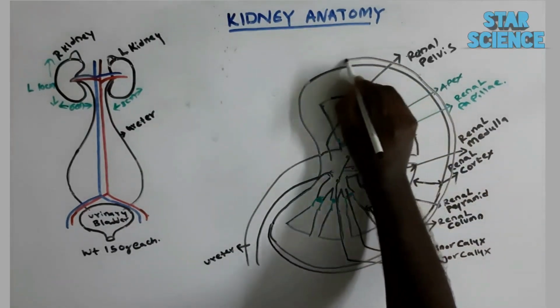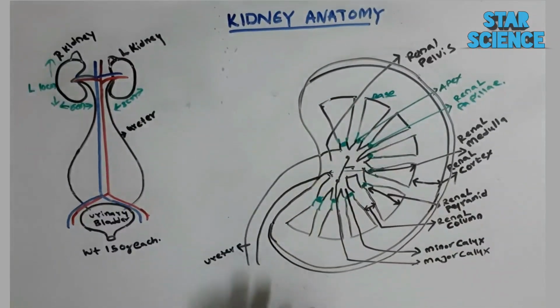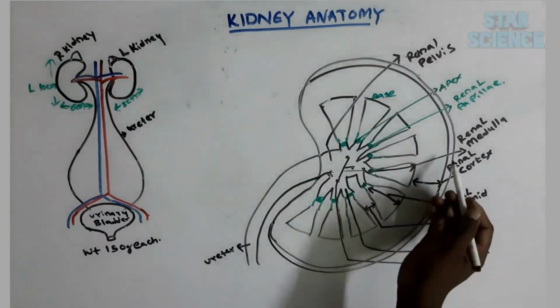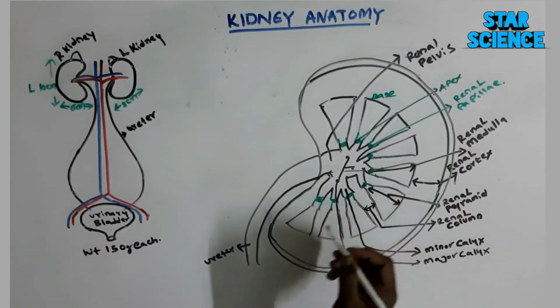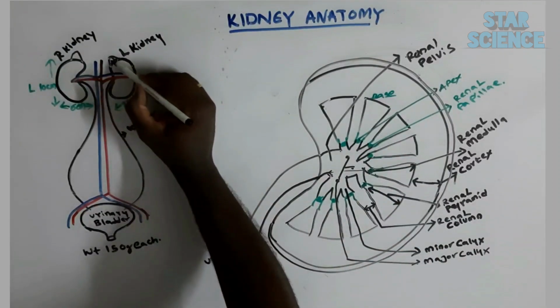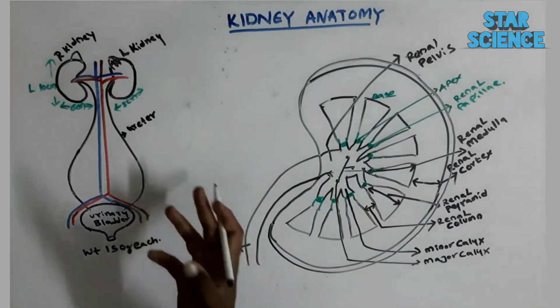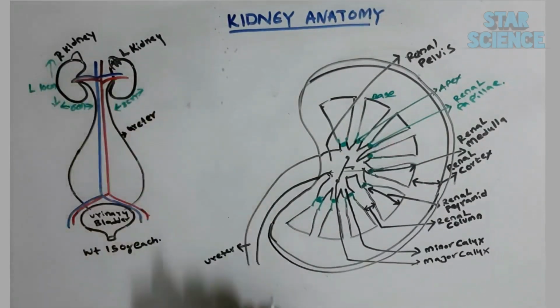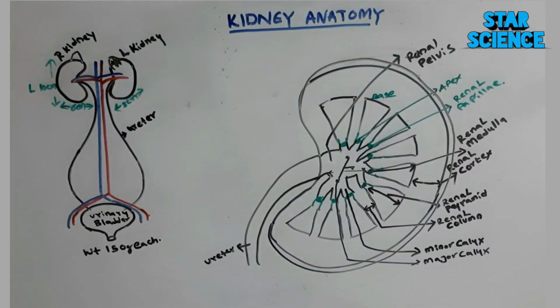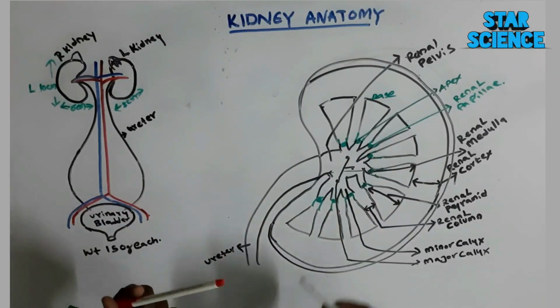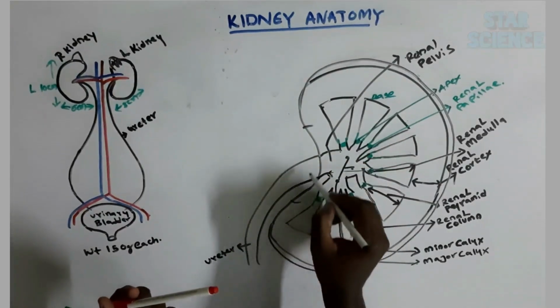Right now I am drawing the outer attachment of the kidney. As soon as you see the kidney outside, it is called the renal capsule, and every part is covered with the renal capsule. You have to remember these are the structures of the kidney.